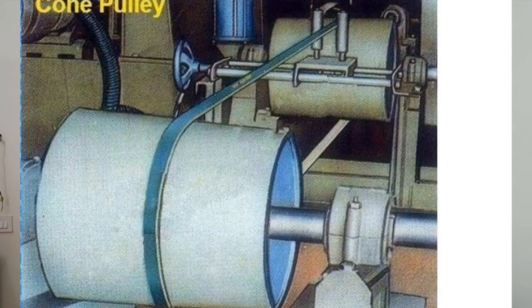To get this variation in speed, they used cone pulleys on each of these sections, which would vary the machine speed slightly, and as a result you would get paper coming out and reeled up.